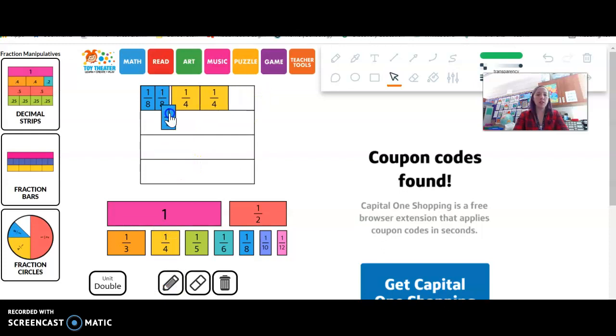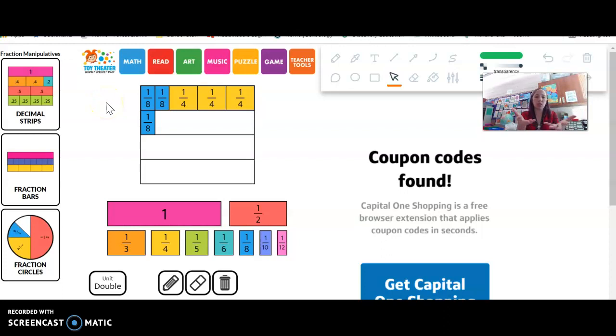So I'm going to take an 1/8 and put it down here and say, okay, it's both of the rows, right? If we remember from before, I know that 1/4 is 2/8. So here's 2/8, here's 2/8, here's 2/8, 2, 4, 6, 8/8 plus another 1/8. Or I can look and say, wow, I filled up one whole thing and I have another 1/8.